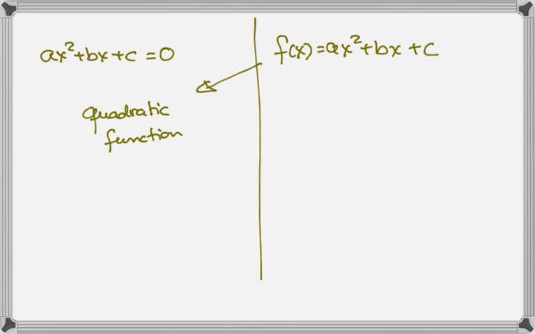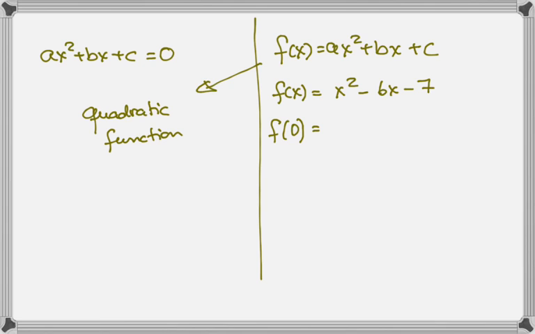Now in chapter 2, we've talked about function notation. So if I give you a quadratic function in the form of f of x equals x squared minus 6x minus 7, and I ask you what is f of 0, what does that mean? X is equal to 0.